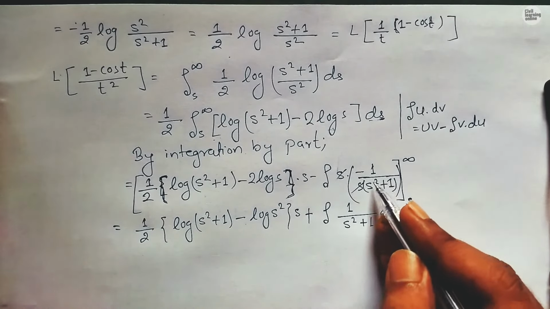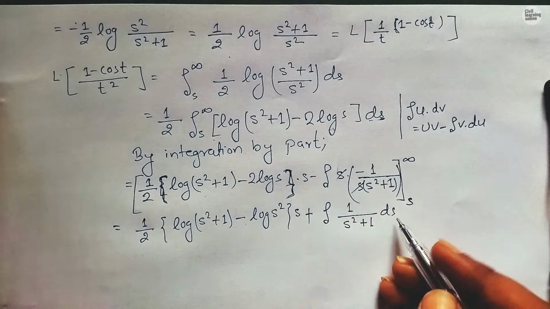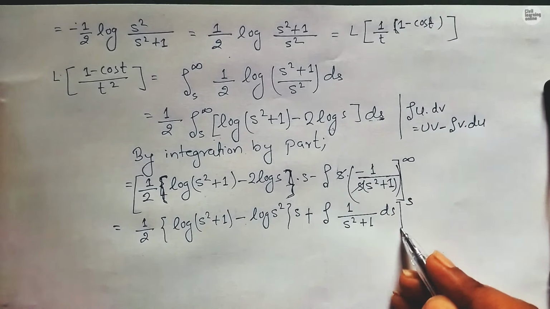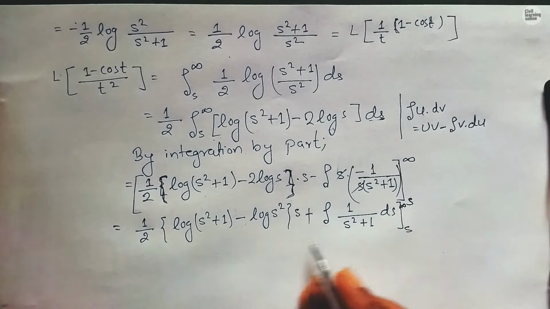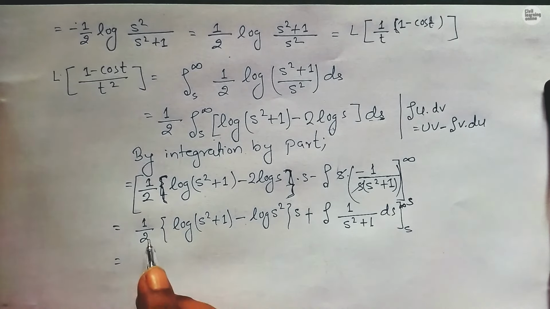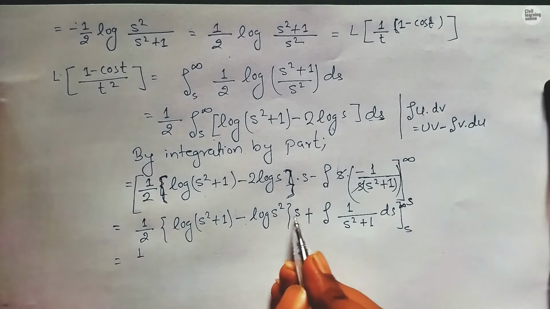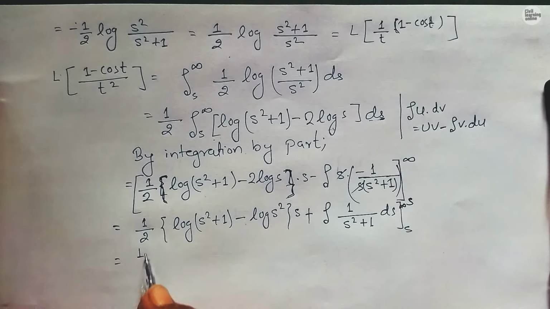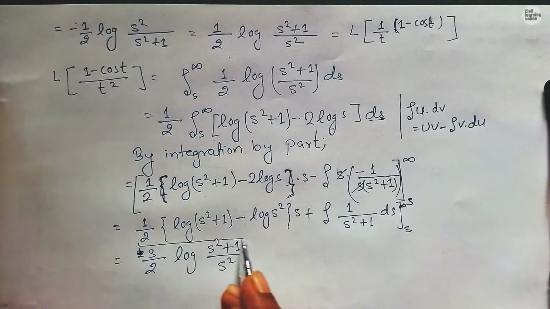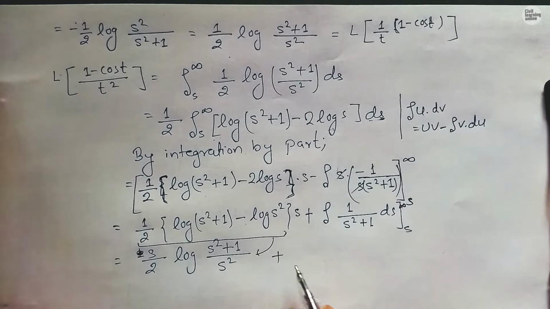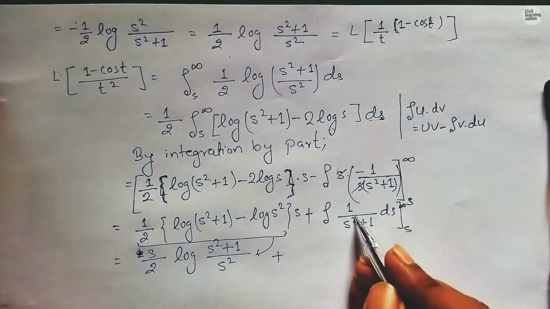We have to integrate this, so integration is happening in terms of s, so it will get ds, and from s to infinity. Now see here this s will come here, so we will have s upon 2 log (s square plus 1 upon s square). This term will get transformed into this, and this plus, and we have integration of 1 upon s square plus 1.